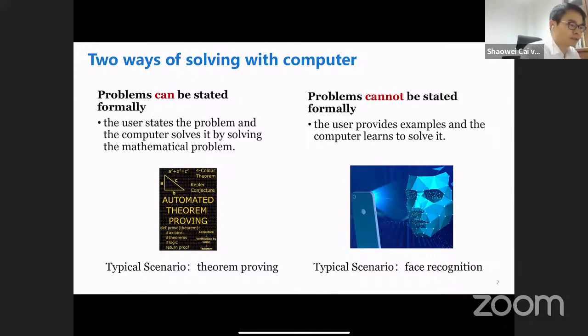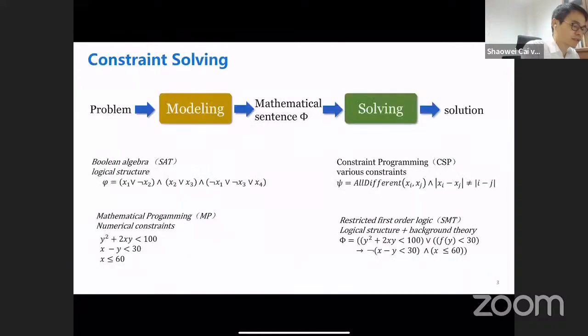These algorithms are aimed at solving problems that cannot be stated formally. So we feed the computers some examples and then train them to get a model to solve the next instance. A typical scenario is face recognition.